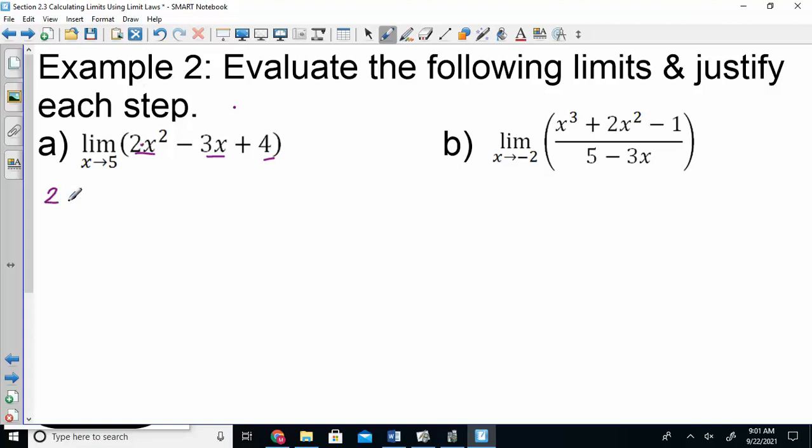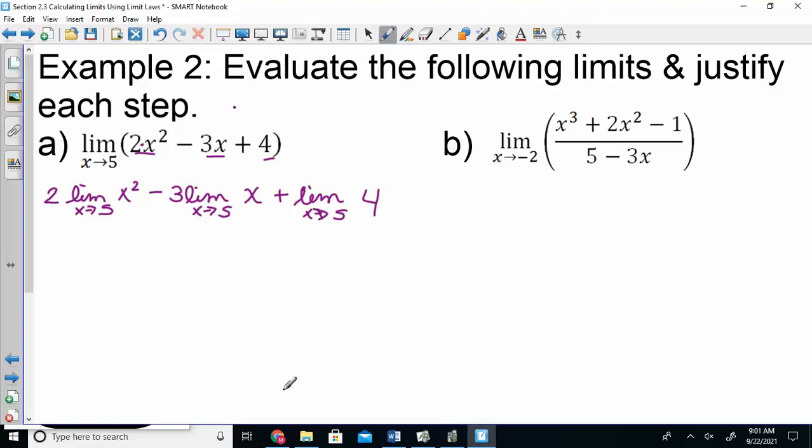So I can write this as 2 times the limit as x approaches 5 of x squared minus 3 times the limit as x approaches 5 of x plus the limit as x approaches 5 of 4.